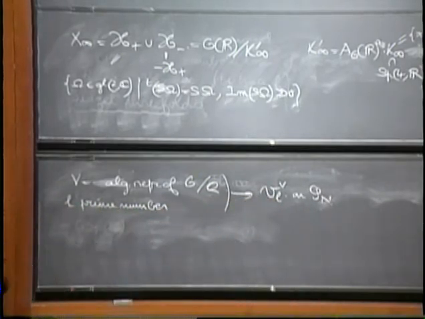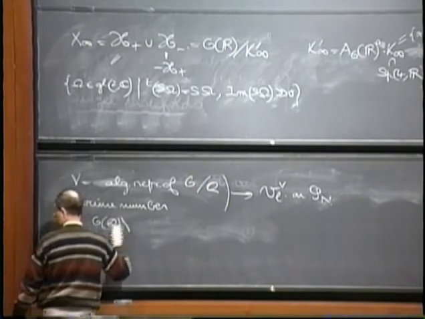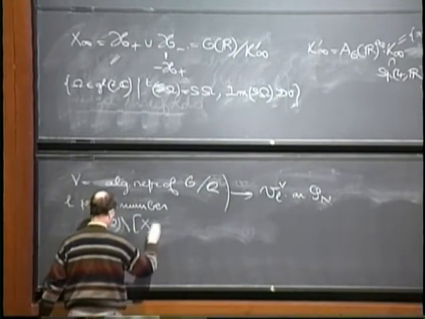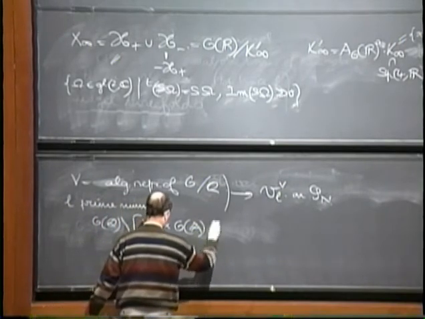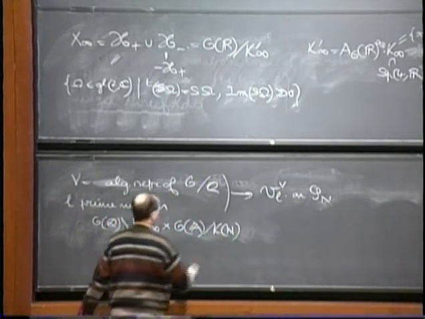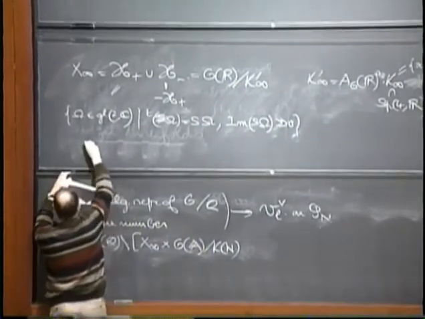So analytically, this local system is given by the quotient. I add something here. I forgot to say K_n is a principal congruence subgroup.